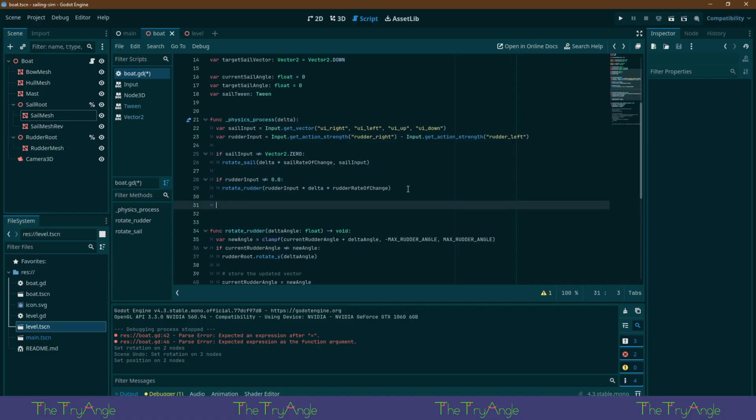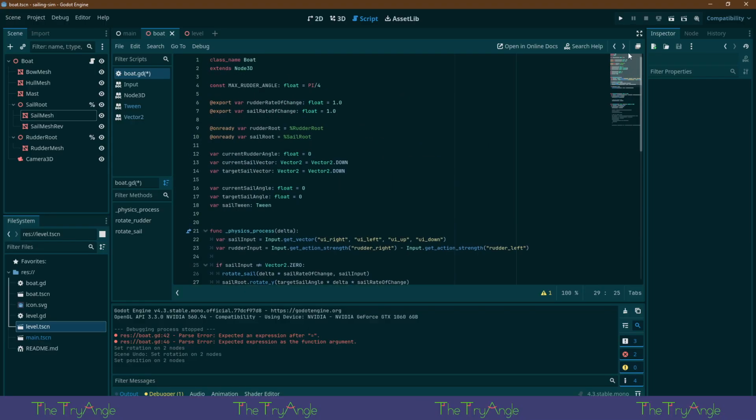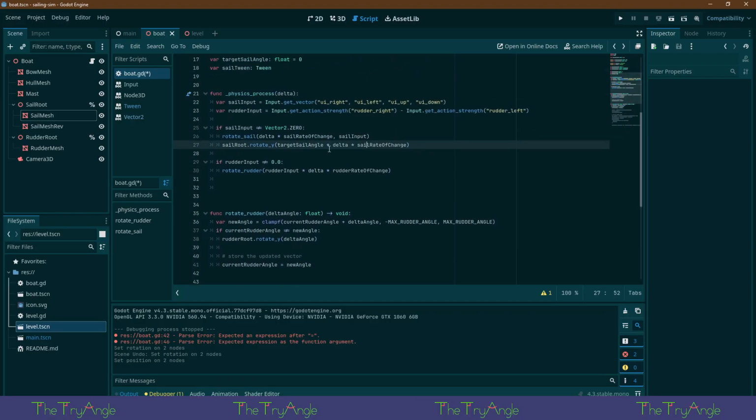Actually, we should only update the actual angle as long as we're doing inputs. Okay. So sail root, rotate around the y-axis towards the target angle at delta, and sail rate of change, which is currently 1.